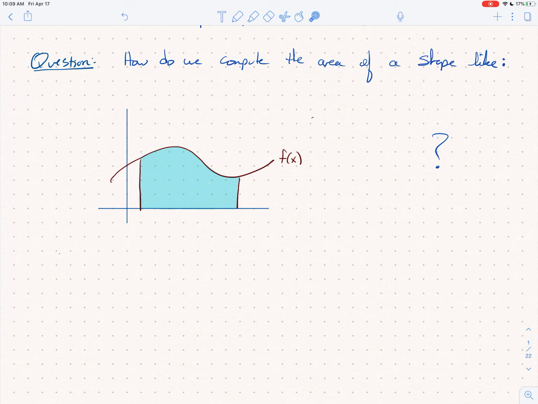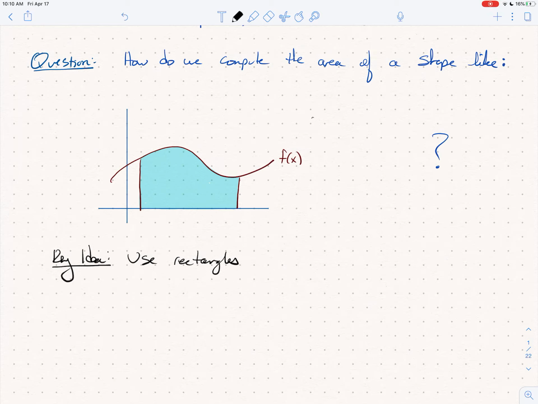So I'm going to think about the shapes that I just mentioned, and one of the easiest areas to compute is the area of a rectangle. It's just length times width. And so that's the key idea. The key idea is to use rectangles, and there's going to be a limit involved in it as well. We'll see that in a little bit.